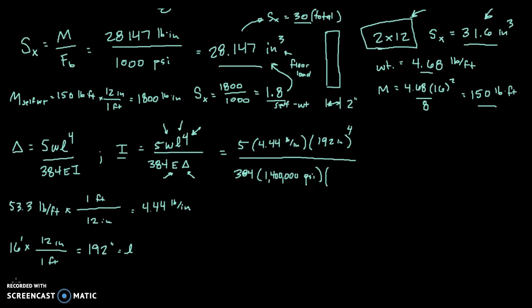It says that we want to limit deflection to L over 360. So if our length is 192 inches, and we divide that by 360, that equals 0.533 inches. That's the maximum amount of deflection we want to allow.